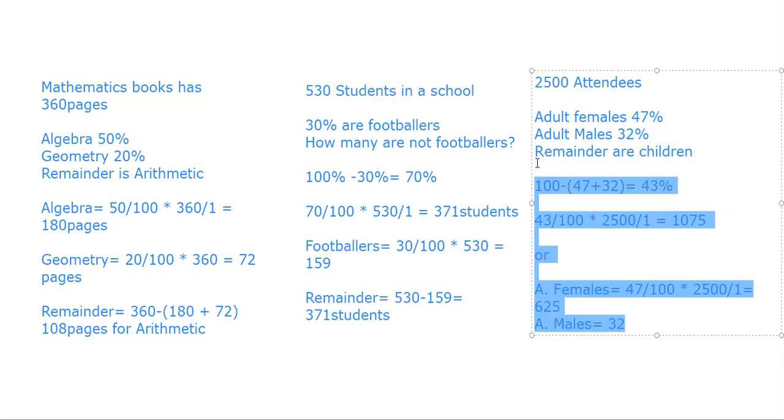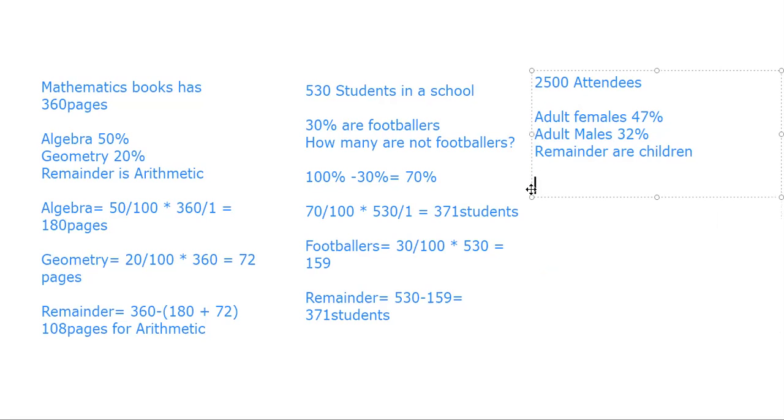Let's scratch this question and start over. So the adult females are 47, the adult males are 32 and the children, right? So great, let's work this over. We said that we could have worked it out as 100 minus 47 plus 32.